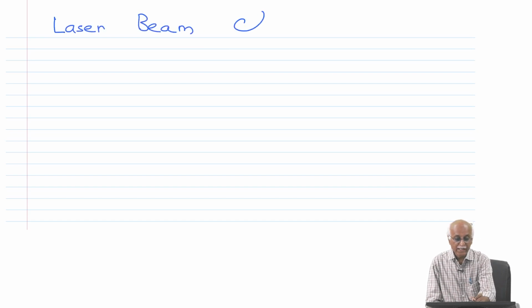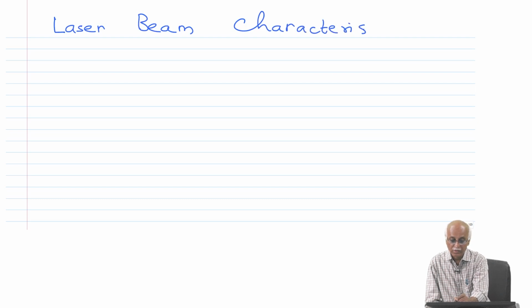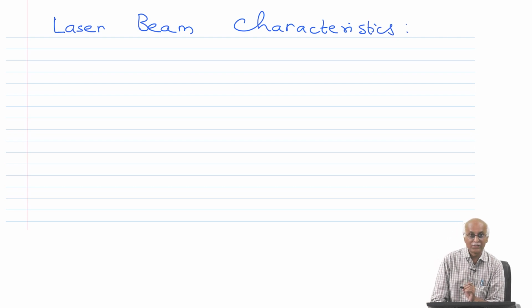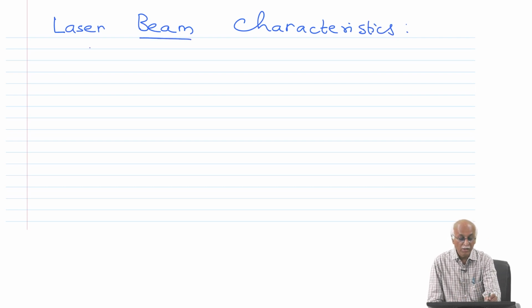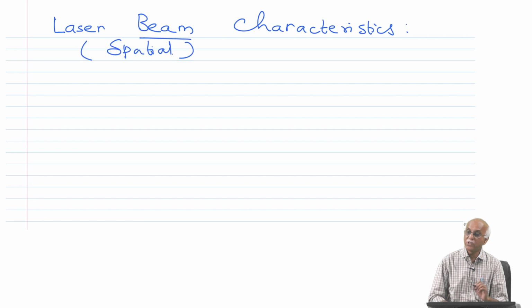What I talked about in the previous few classes is spectral characteristics and pulse characteristics of a laser. Now, the laser beam is basically a spatial intensity distribution, spatial characteristics.